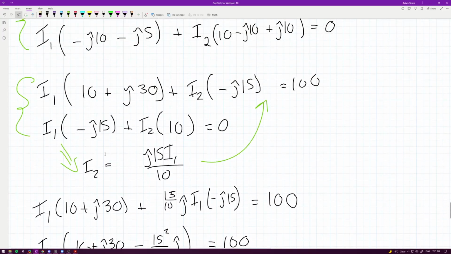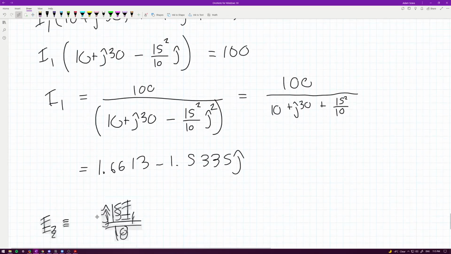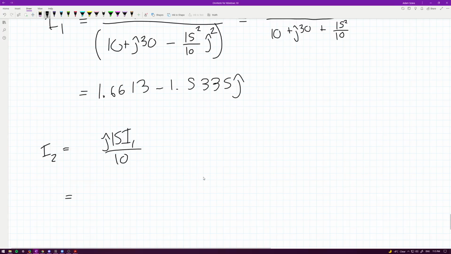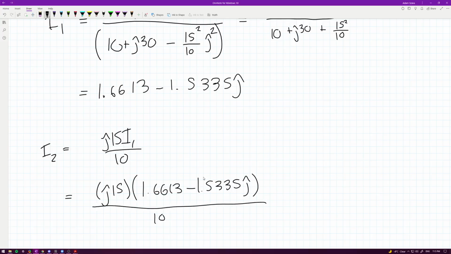And then I just want to use this equation right here to figure out I2. So I2 is equal to J15 times 1.6613 minus 1.5335J over 10, which gives me, I'll just say answer times 15J over 10.